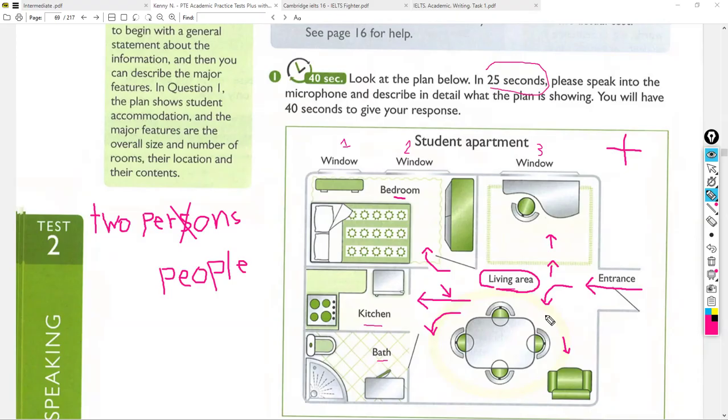So please be careful. As we said, please be careful about the mistakes, because I have to be careful about the vocab and I have to be careful about the grammar, because grammar is really important.